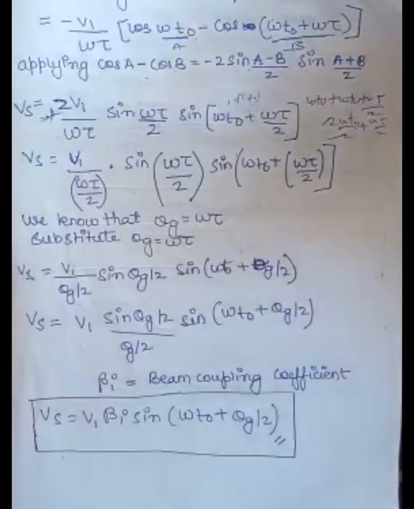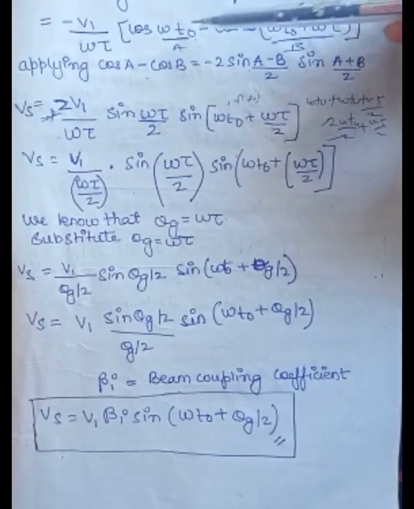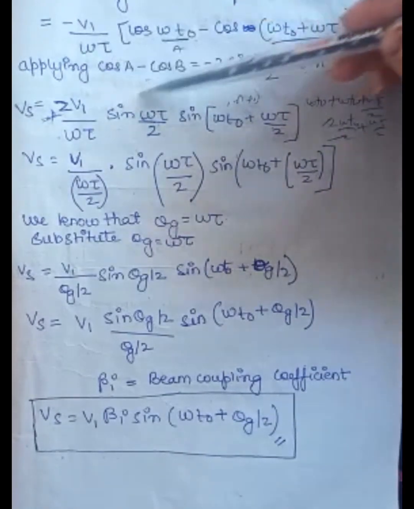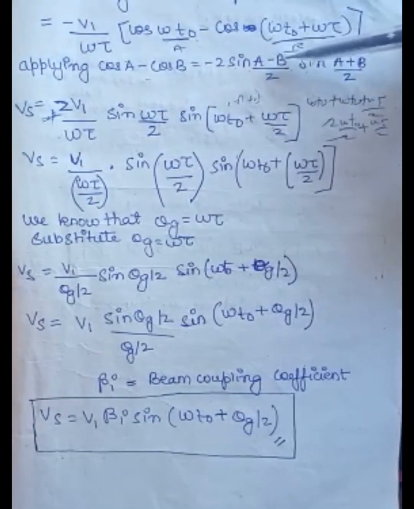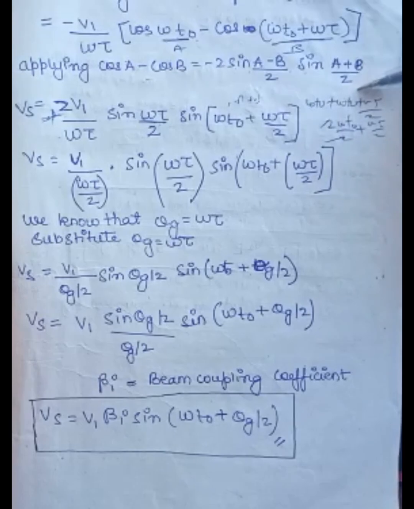Here in this equation we can see that this formula can be applied, that is cos A minus cos B is equal to minus 2 sin (A minus B) by 2 sin (A plus B) by 2.